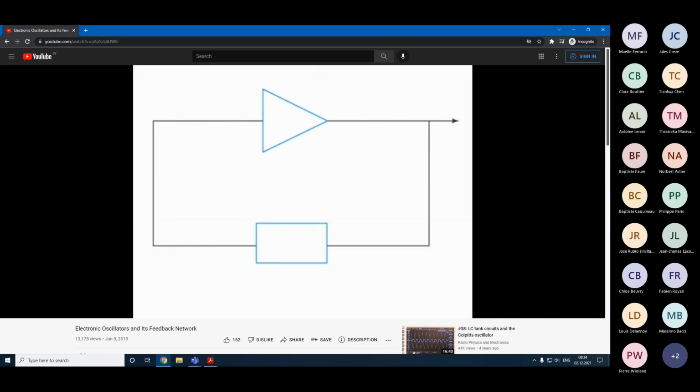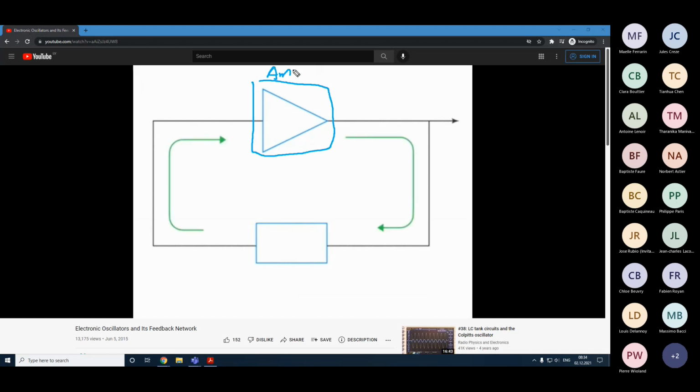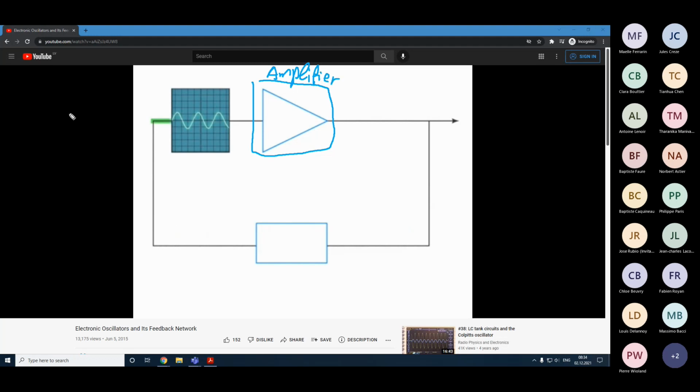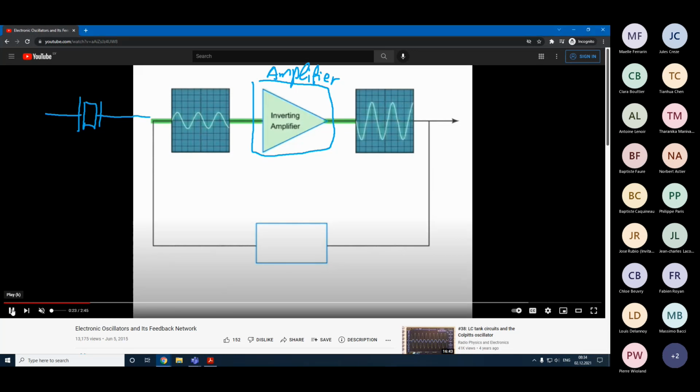So here we have this amplifier. Yes, this is the amplifier. Here we have basically this quartz crystal sending a wave, and our amplifier has inversion. So basically this means that now the phase is opposite of our signal.